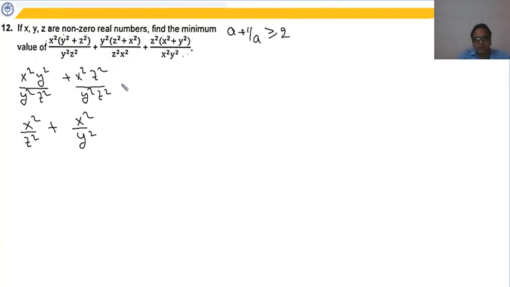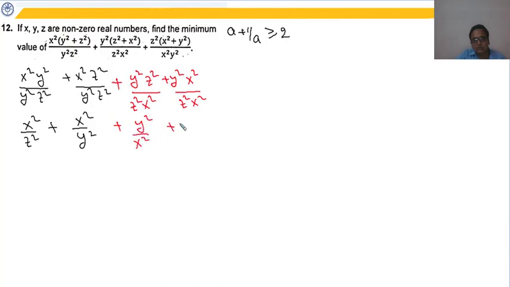Similarly, we can write the other terms also. So it's plus (y square z square plus y square x square) upon z square x square. So this which is outside remains in the numerator. It's y square upon x square plus y square upon z square.